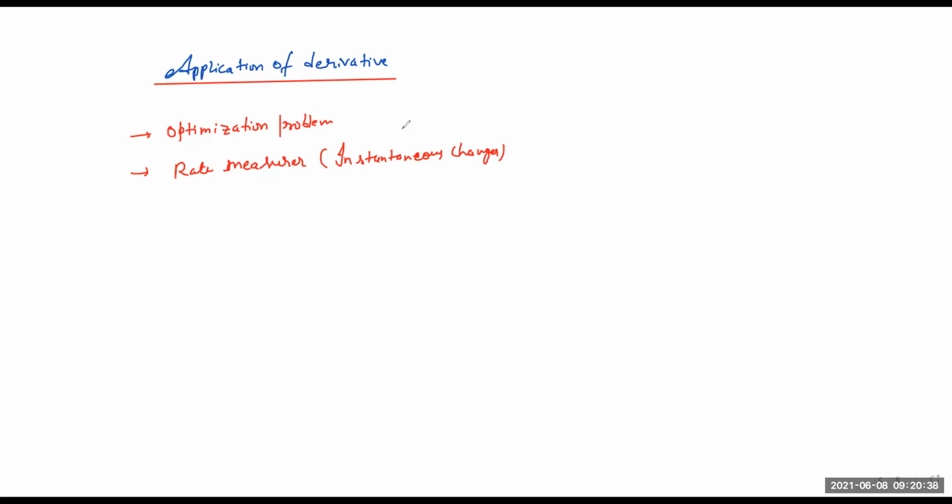So the two major things that we are going to see here are the optimization problem and the rate measure, or the instantaneous changes. Now you will never hear these words in the math class, because the optimization problem is called maxima and minima.